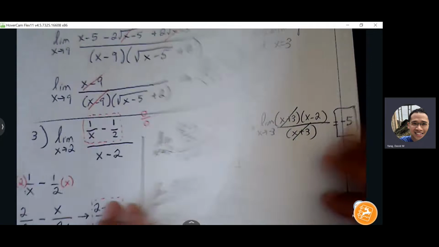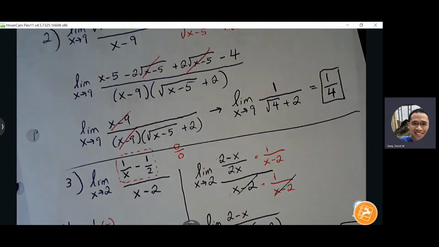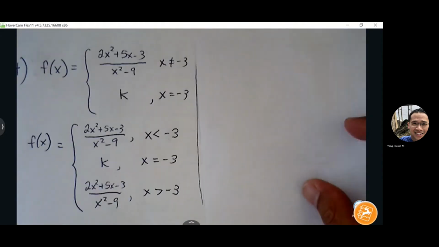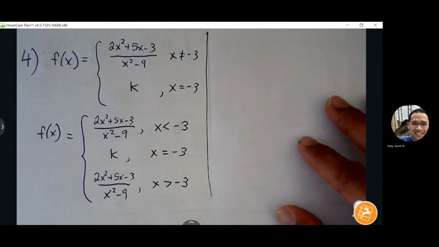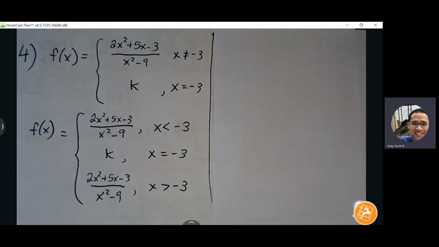Okay, try number 4. Number 4 is similar to what we did with the previous page, where there's a hole and there's a point, and we are going through and solving for k. So number 4 is a problem that we can rewrite if we want to, right?